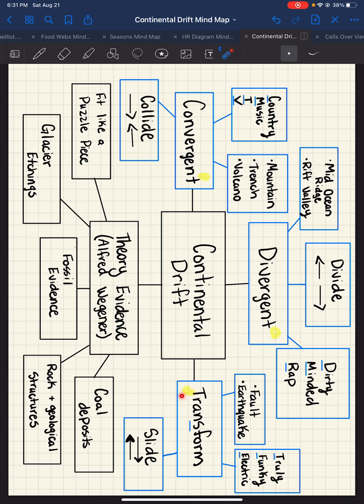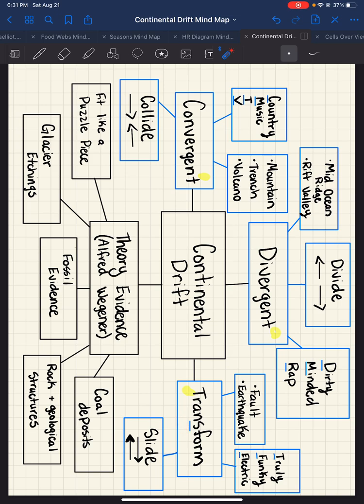The last plate tectonic movement is transform. This is where 2 plate boundaries slide past each other. So a way to remember transform goes with slide is that transform has an S in it.